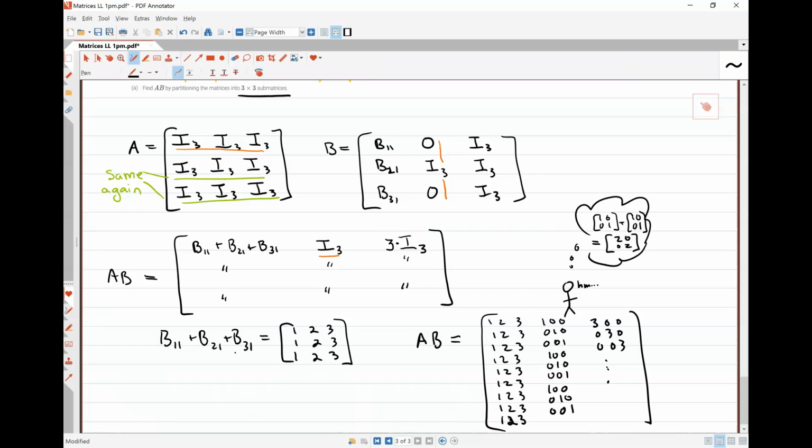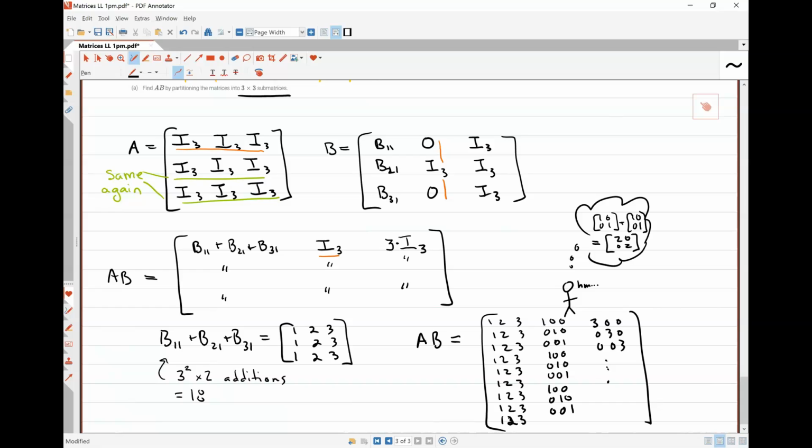If you want, you could think of 3 squared times 2 additions here, right? Because each one of these matrices has 3 squared entries, and then we're adding twice. So that's 3 squared entries and 2 additions each time. So that's 18 additions.